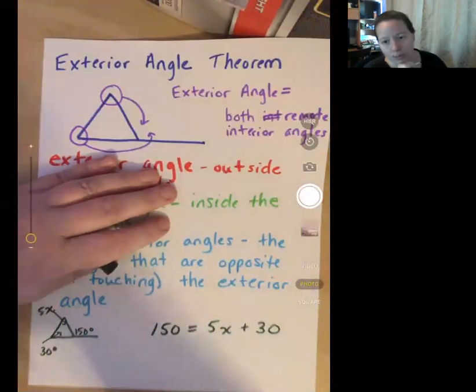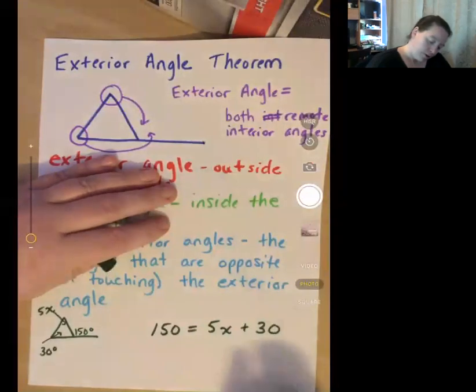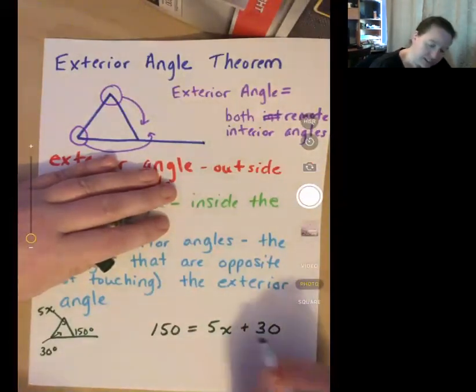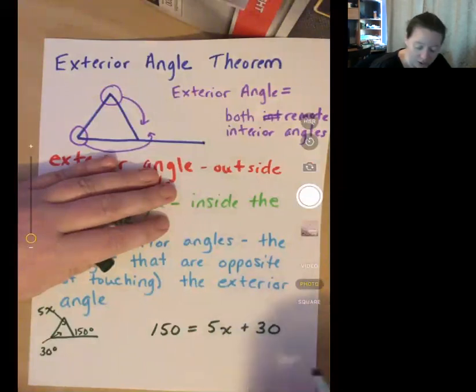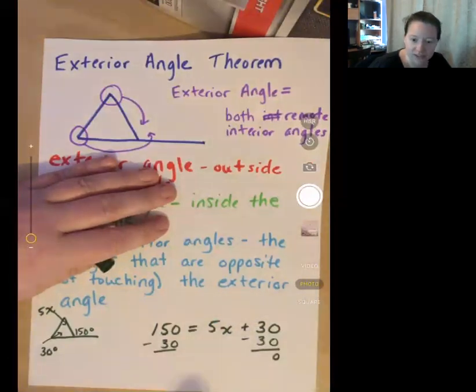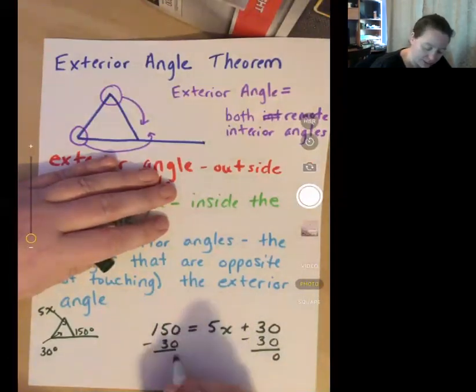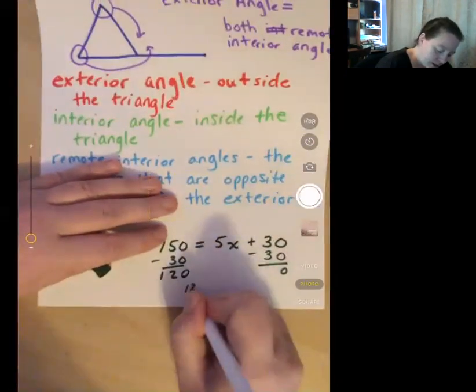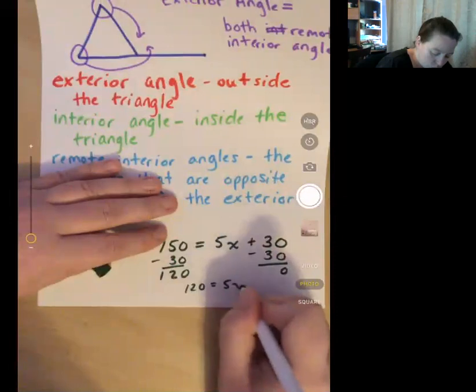All right. You with me so far? Now we have to do our algebraic stuff. First thing, easiest thing to get rid of is that 30. Since it is added there, we are going to subtract to get rid of it. So minus 30 from both sides. 150 minus 30 is 120. We rewrite it. So I now have 120 is equal to 5x.